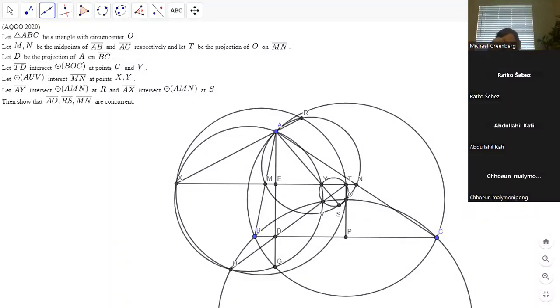VYS equals VXA, which is BUA, which is VGA.